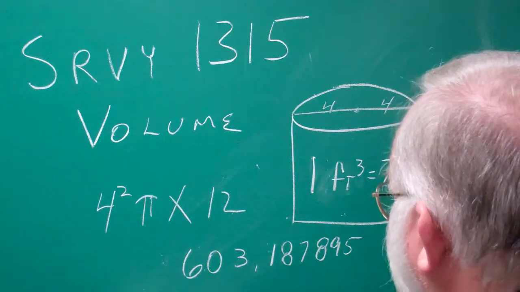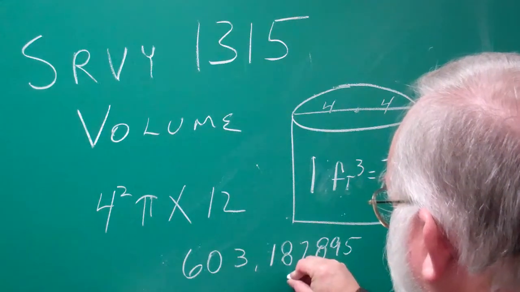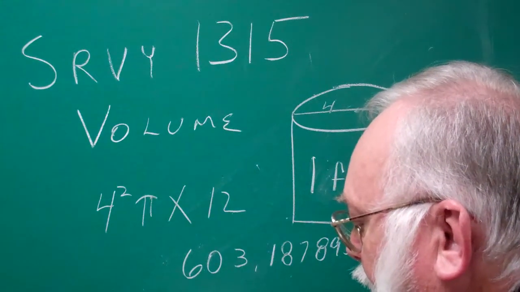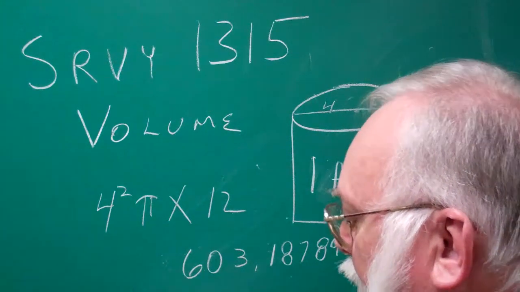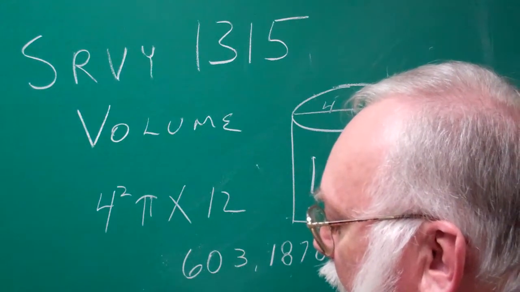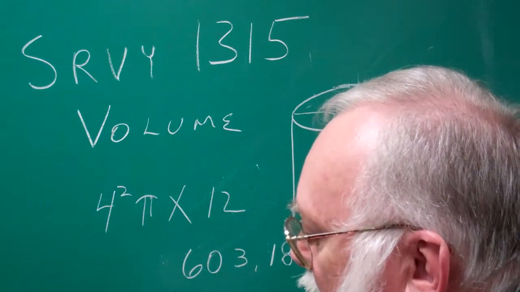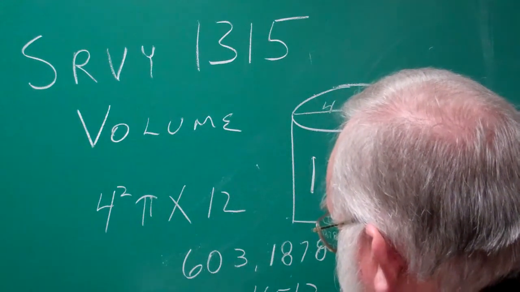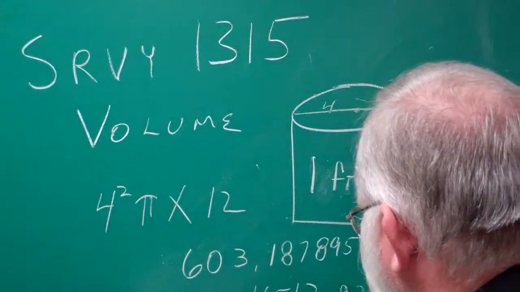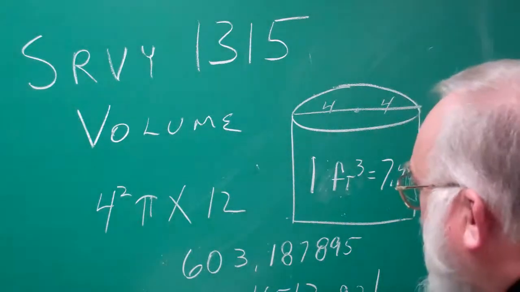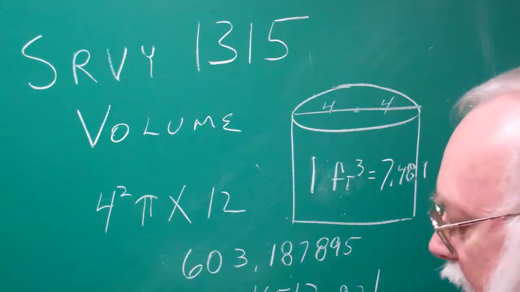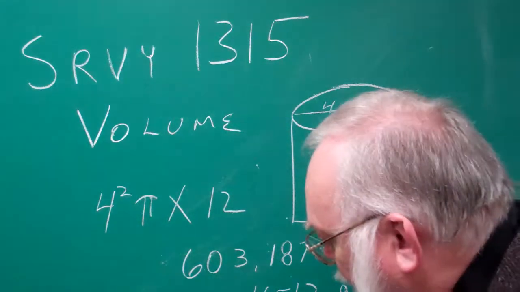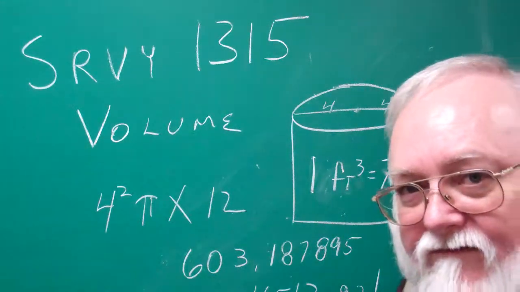Now, do you divide or multiply? Well, you have that many cubic feet, so you multiply by 7.481, and you get 4,512 and change. That's about right. 8 feet across, 12 feet high gives you 4,500 gallons and change. Like I said, this is not complicated.